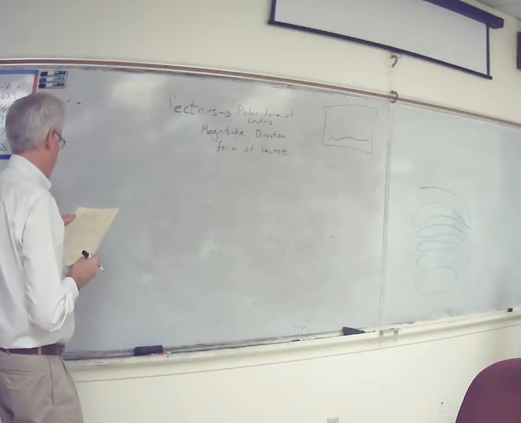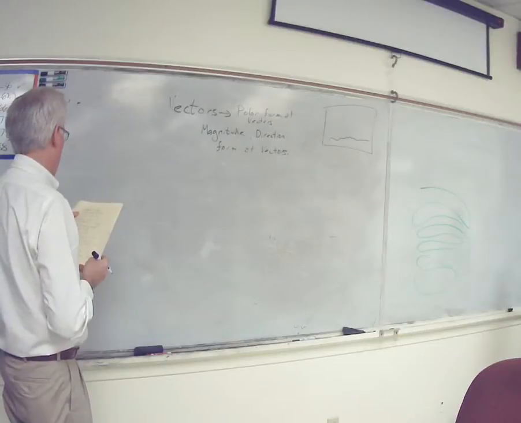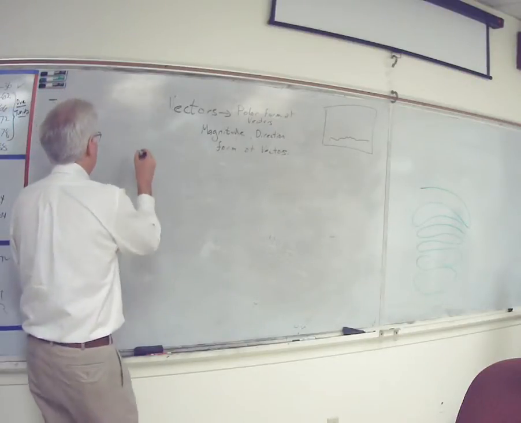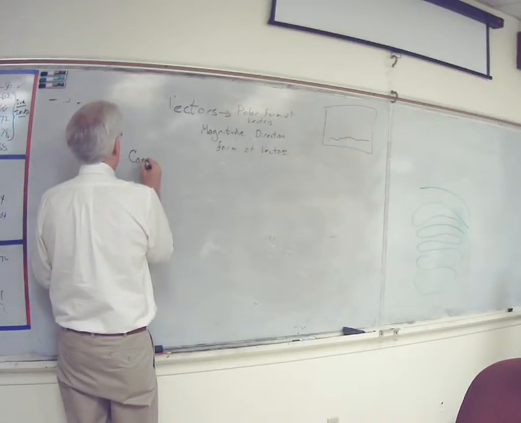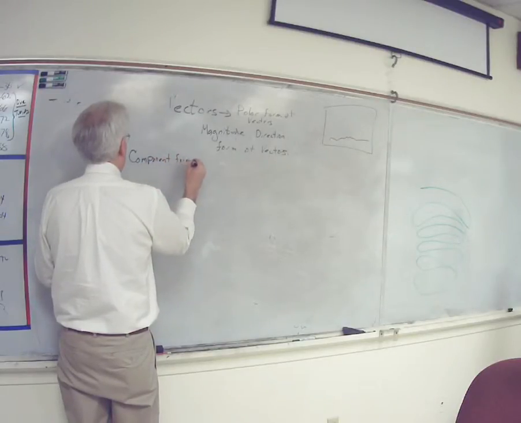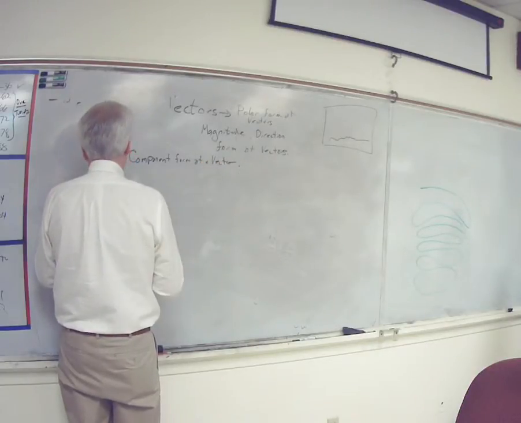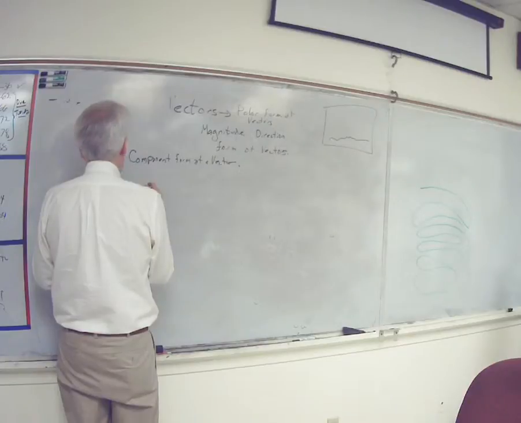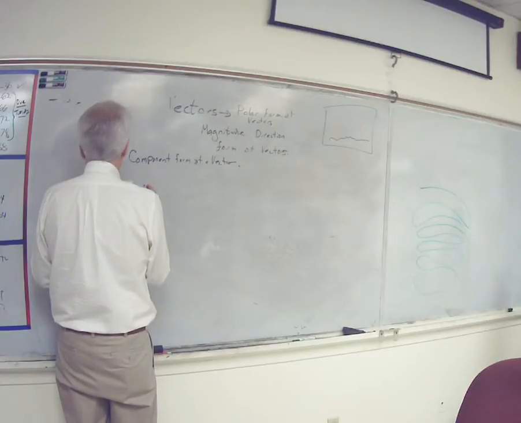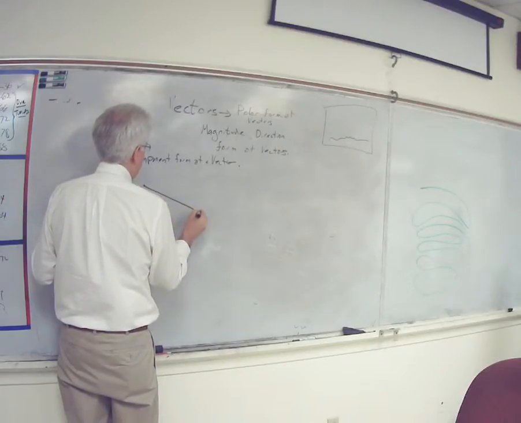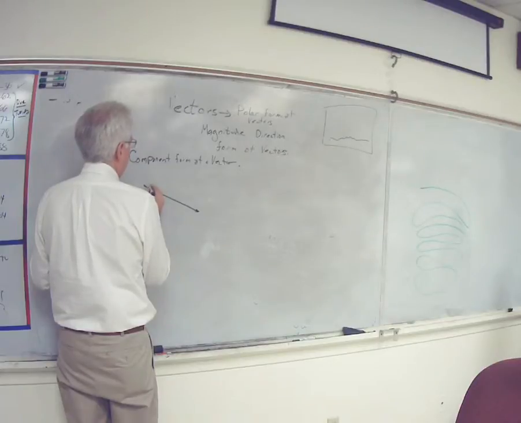Okay, so what I want is the component form of a vector for an airplane descending. If I draw a picture, it's descending at 20 degrees below the horizontal. So that's the direction. You could think this is 20 degrees.